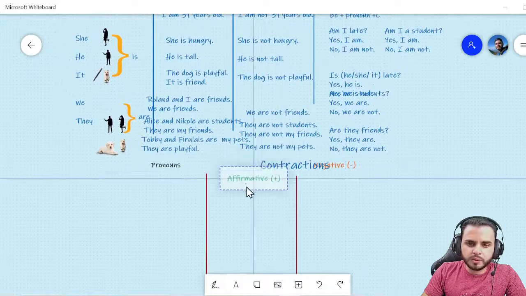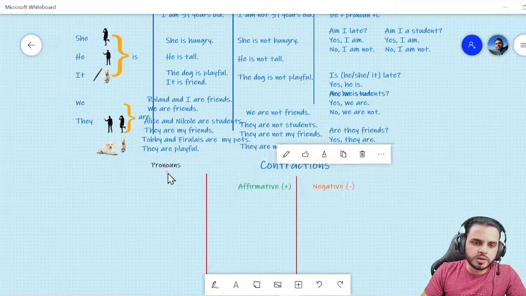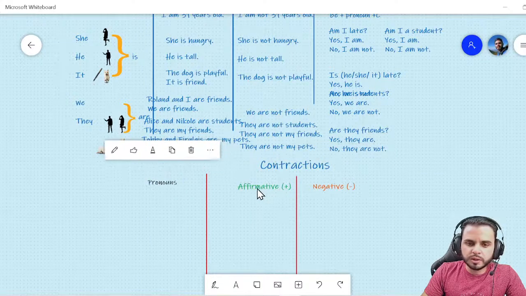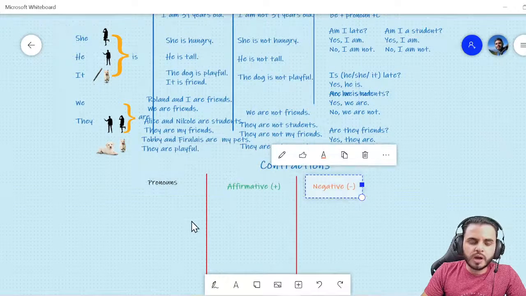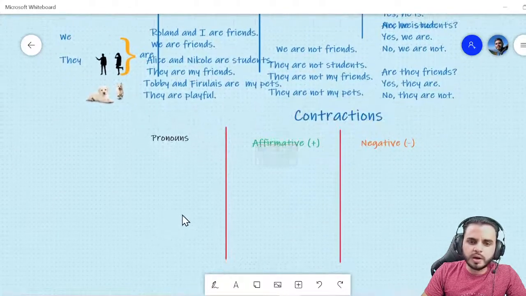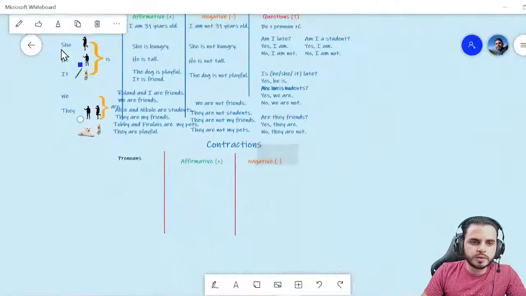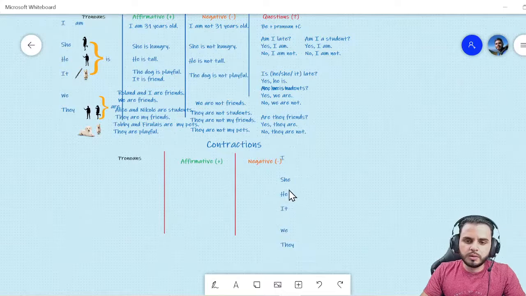And we're going to move this one too, and this one. Now we're going to see contractions. So we can make those shorter, especially when we're talking. So instead of saying I am, then I can just say, okay, so I'm just going to take the pronouns from here and put them here.